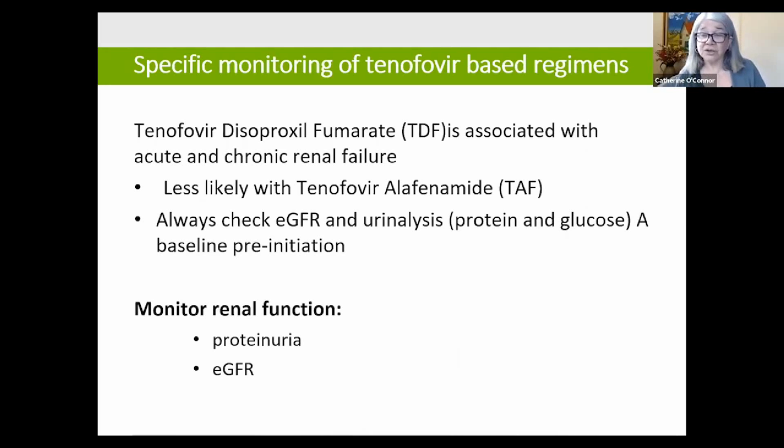It's much less likely on tenofovir alafenamide or TAF, but we should always check eGFR and urinalysis for protein and glucose as a baseline pre-initiation for our patients on TDF. And we should monitor our patients for proteinuria and their eGFR closely.